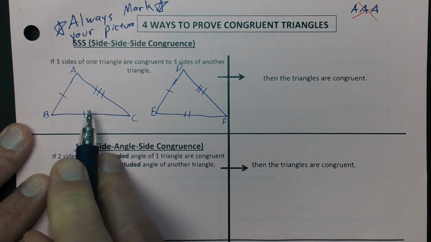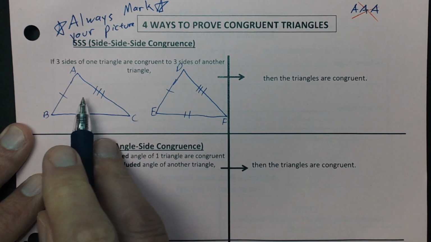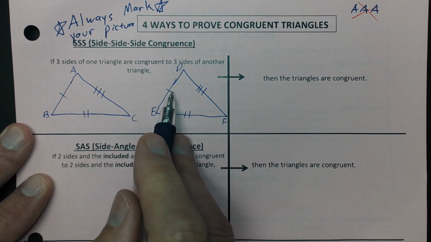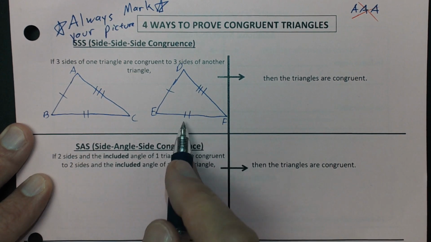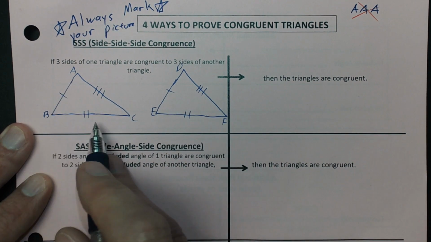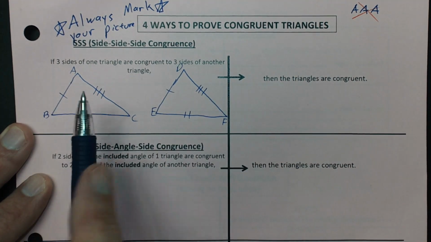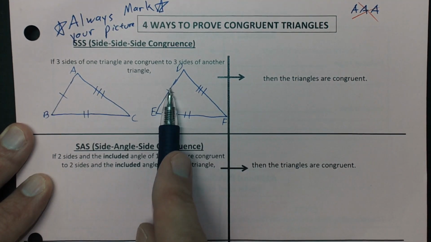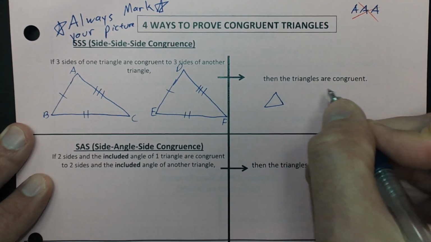So, since you have one side in the first one being congruent to this one side in the second, a second side congruent to a second side, a third side congruent to a third side, you have side, side, side. You can go around all 3 sides, and you go in the same order: 1 slash, 2 slash, 3 slash. So we can write a congruence statement.